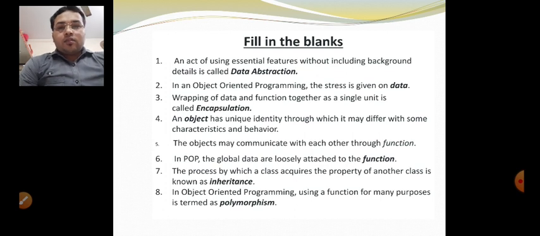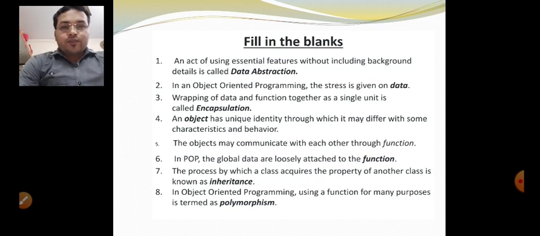There are 8 fill in the blanks in your book, and I am representing all 8 in front of you all.